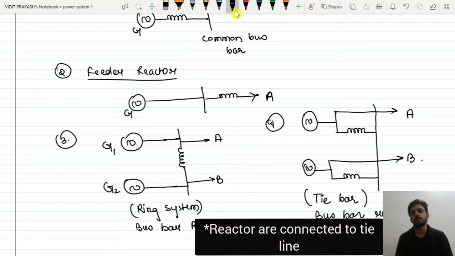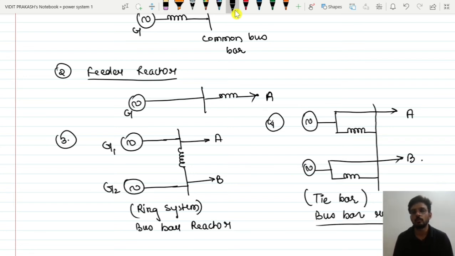In this, the reactors are connected to the tie line.